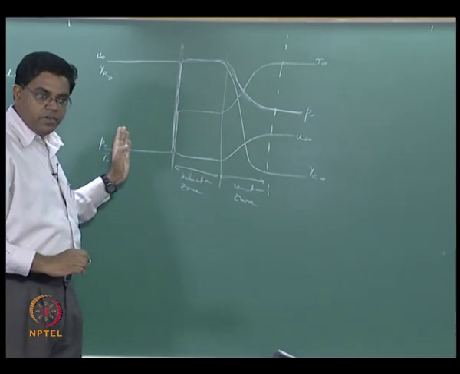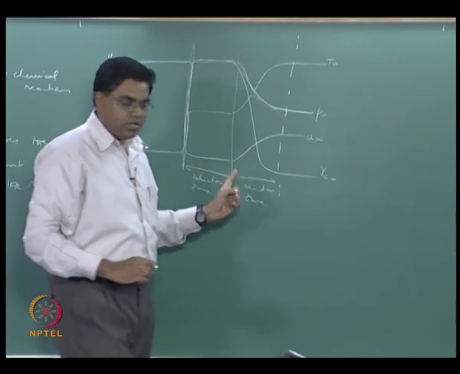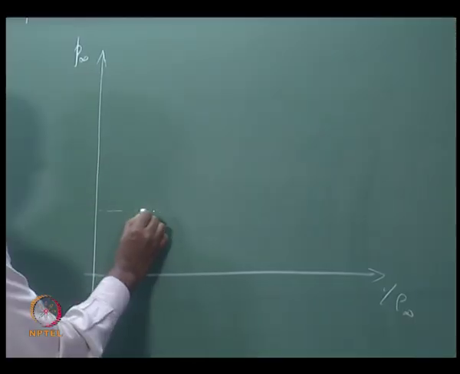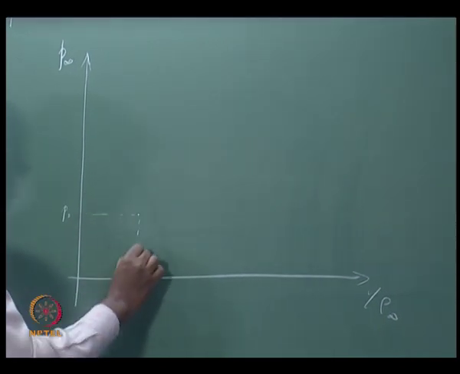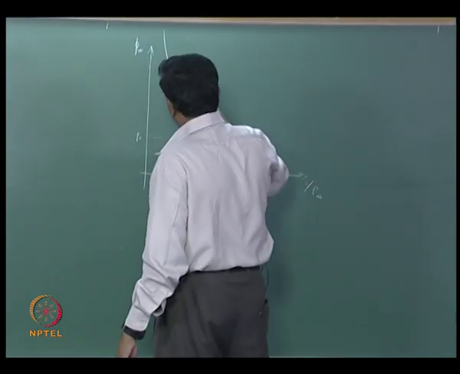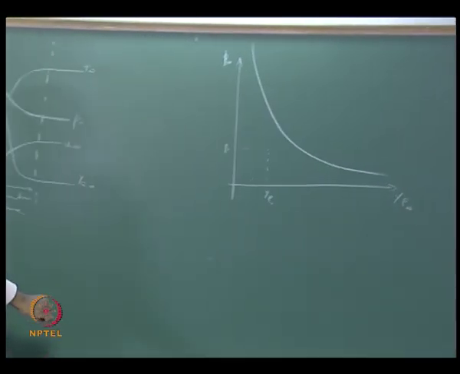That means as I go along x, whatever is my P I am going to try to track. So from the origin which is your P naught, 1 over rho naught, right, and the Hugoniot curve goes like that.